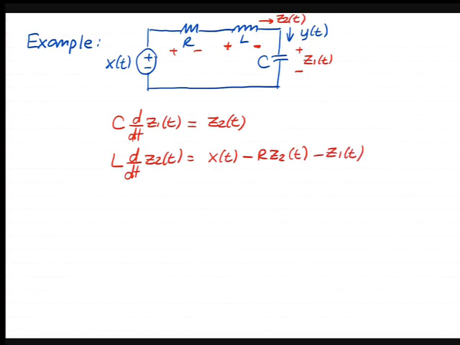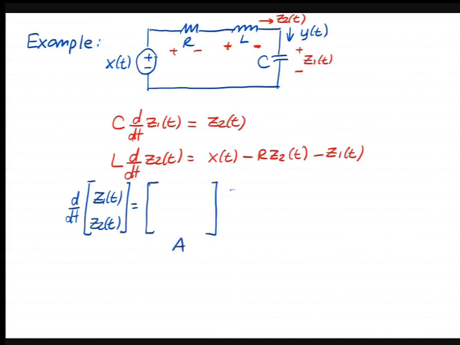Okay? So we are very close to having our desired state space form. State space meant d by dt of z1 of t and z2 of t equals a matrix to be determined, a 2 by 2 matrix A, that's our A, times z1 of t, z2 of t, plus a column vector 2 by 1, which we call B, times x of t.